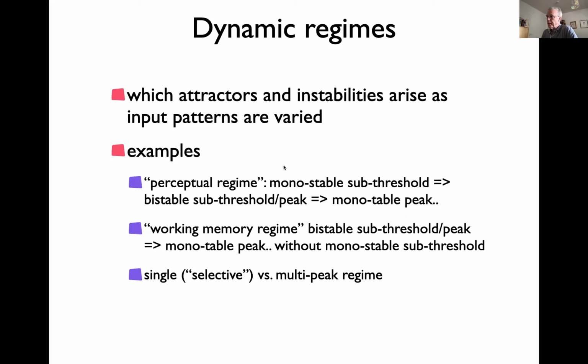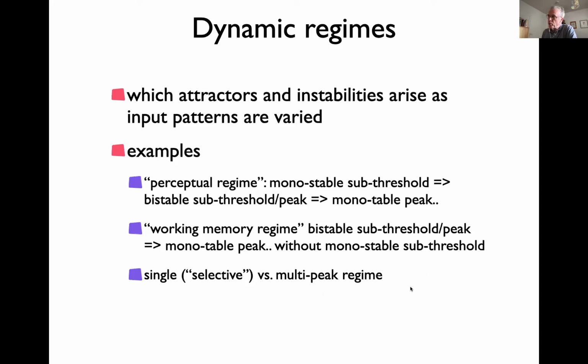And so it's not just having a particular state, but also having the instability associated with that as a function of some functionally significant parameter, like the input it gets from some other field. Similar for working memory, or selective versus multi-peak and so on. And so you will learn how to work with those in the exercises, and then the people doing the projects will be very familiar with that.